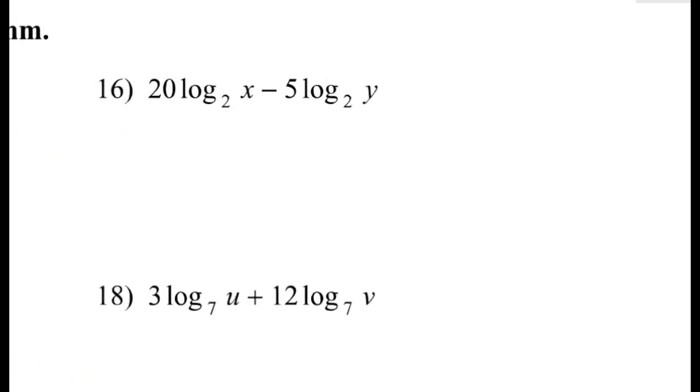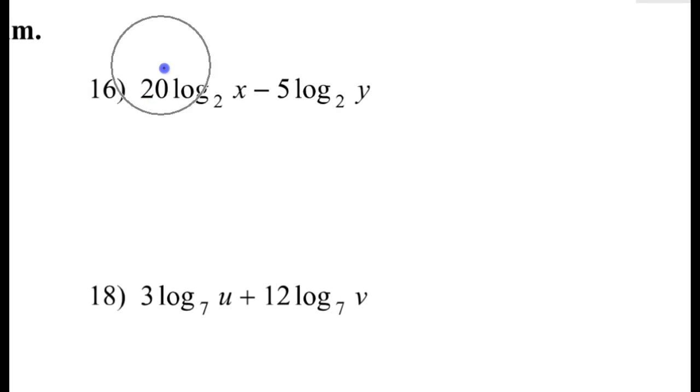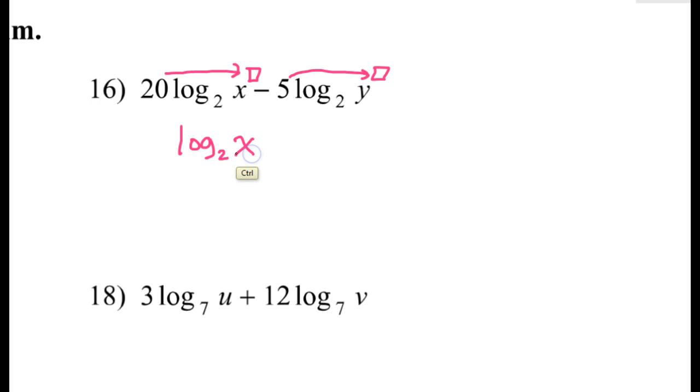Okay, take a look at number 16. It's going to be the same type of thing. This 20 is going to become an exponent. This 5 is going to become an exponent. So I could write that as log base 2 of x to the 20th power minus log base 2 of y to the fifth power.